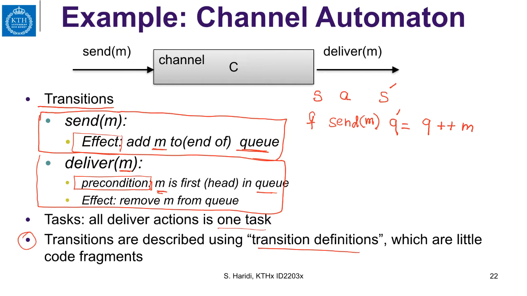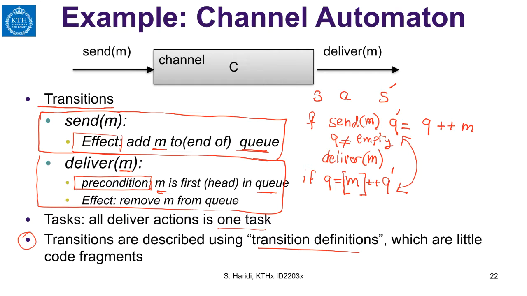And let us look at the deliver. The deliver has a condition which says that Q is not empty. And it basically says if Q has this form, that it has a message M, followed by the rest of the queue, Q prime, then the result is Q prime, basically.